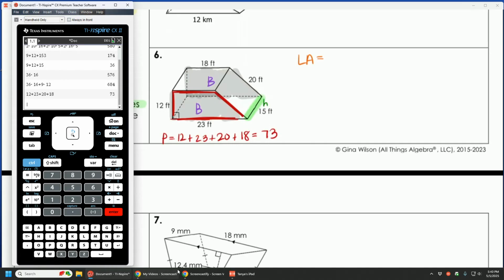So now I can do my lateral area, perimeter times height. So this is my perimeter and this is height. So 73 times 15. Lateral area is 1,095 square feet.